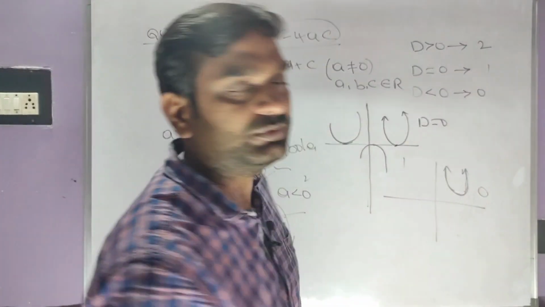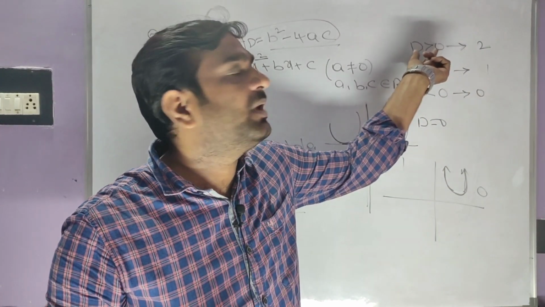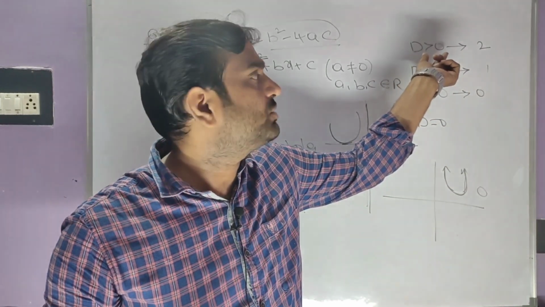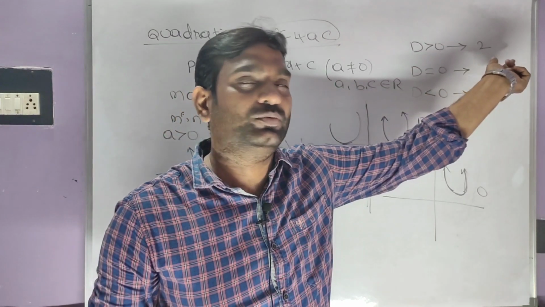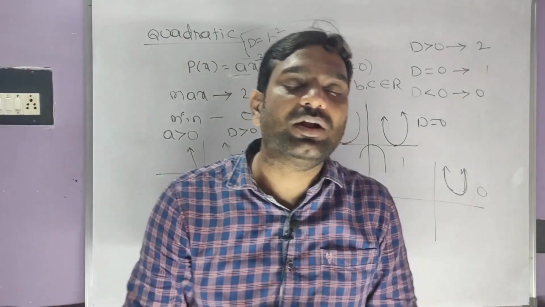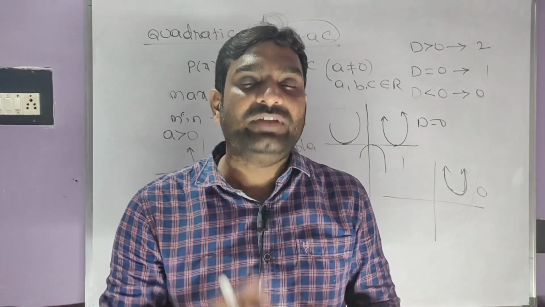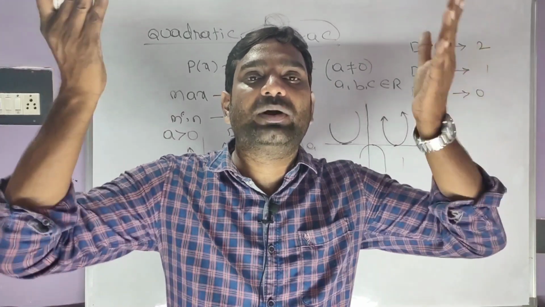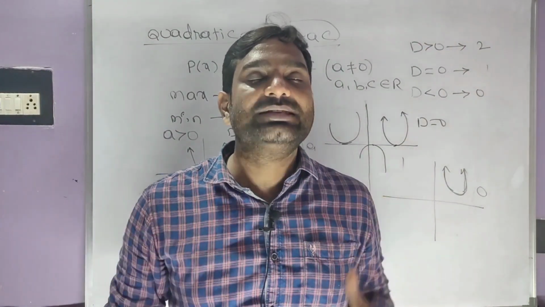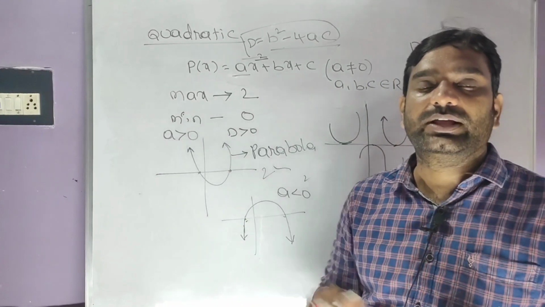So the maximum number of zeros for a quadratic polynomial is 2 and the minimum is 0. The graph of a quadratic polynomial is a parabola. If a is greater than 0, it opens upward; if a is less than 0, it opens downward.